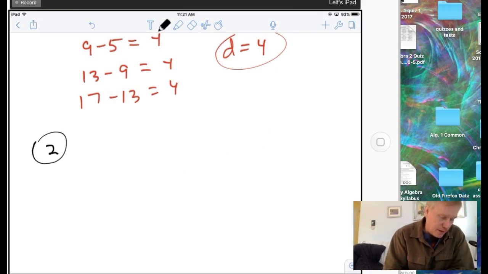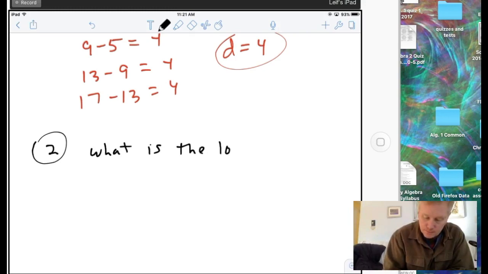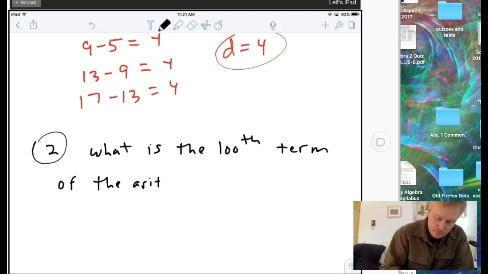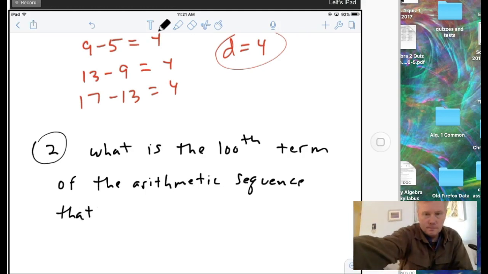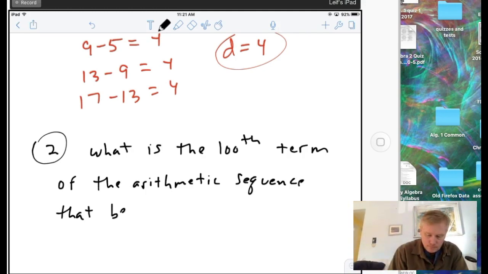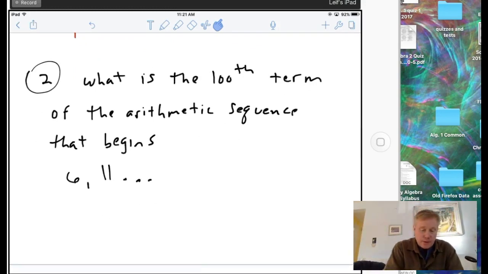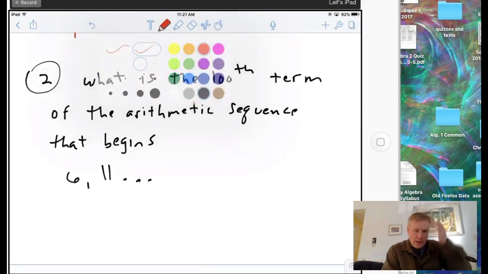What is the 100th term of the arithmetic sequence that begins 6, 11, ... Okay, so they told us it's an arithmetic sequence, therefore you can assume that you're going to add or subtract over and over again.